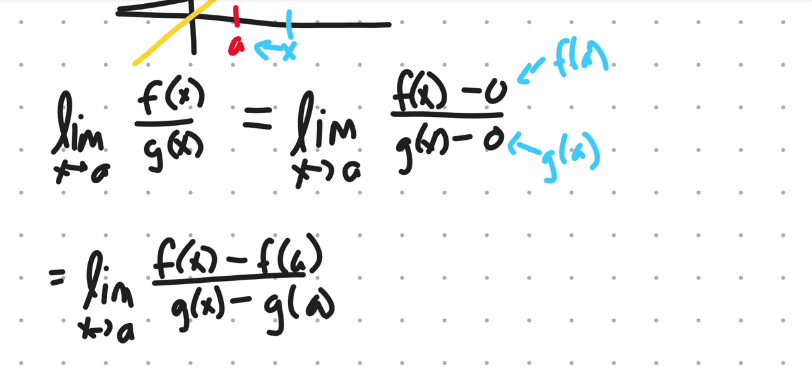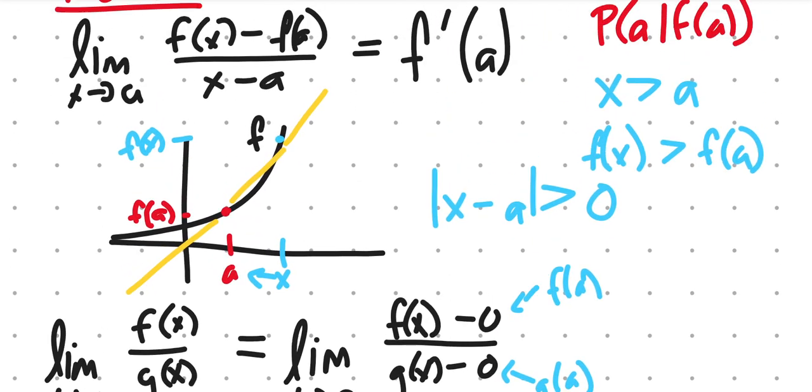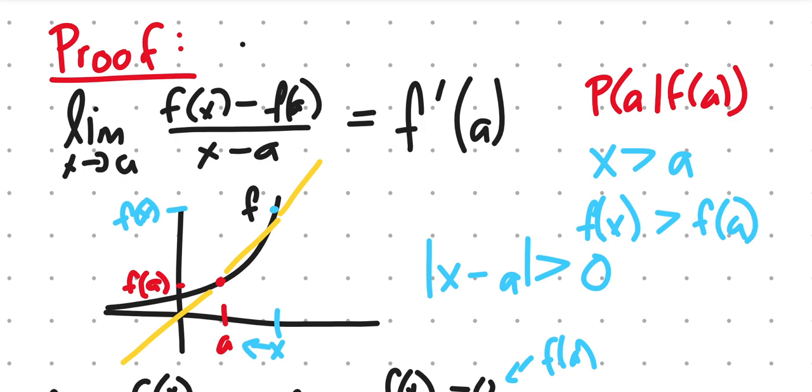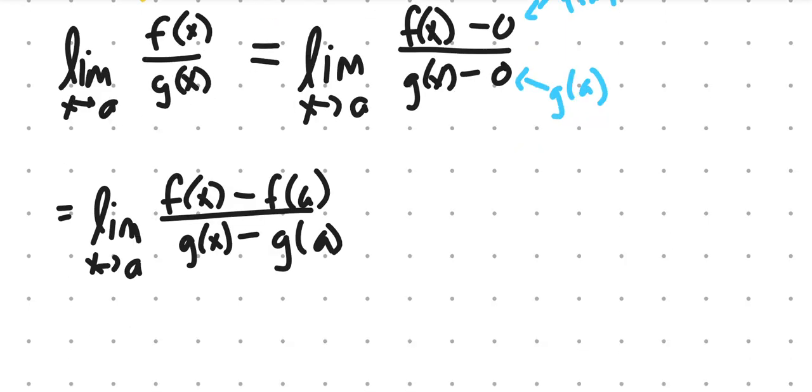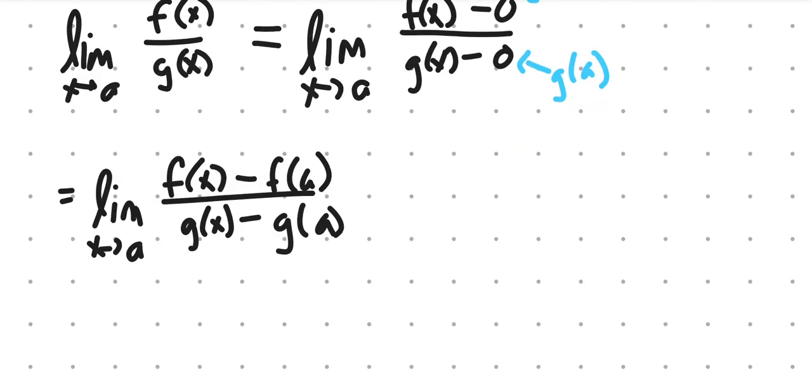Now, since we have this, we are pretty close to getting the formal definition of the derivative at a point a, f prime of a and g prime of a. We only have to divide by x minus a. As you see over here, we have an x minus a at the bottom. So I would like to multiply both the numerator and the denominator by 1 over x minus a.